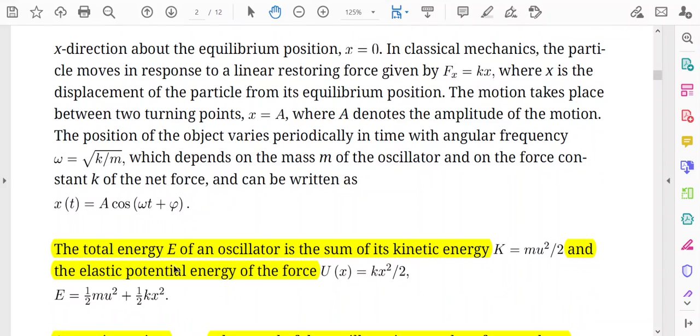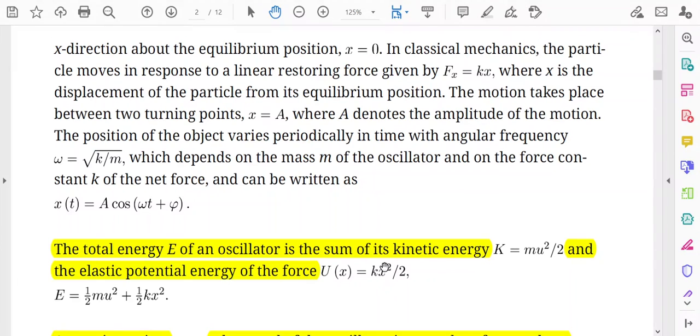And we also know that the total energy E of an oscillator is the sum of its kinetic energy K, equal to m u square by 2, and the potential energy U(x) equal to half k x square.